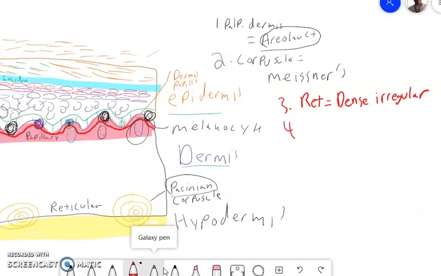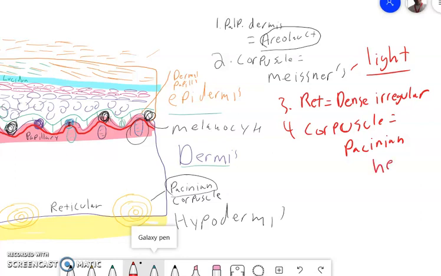And what's its corpuscle? Pacinian corpuscle. Now, Meissner's, what kind of touch was that? It was light. And Pacinian is heavy. And true or false? The hypodermis, is it part of the skin? That is false. It is not part of the skin.